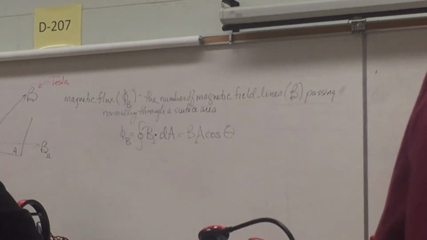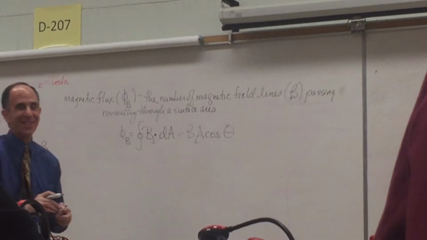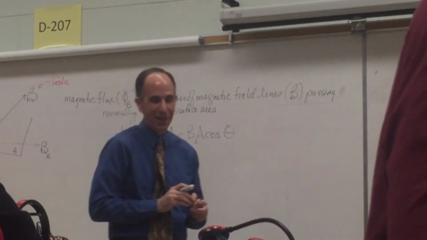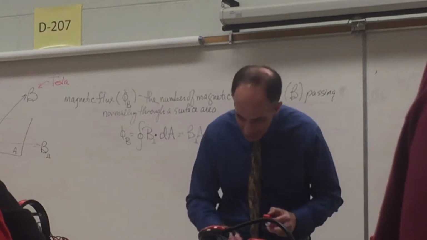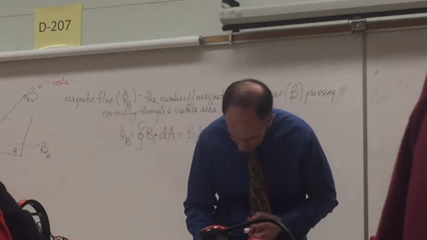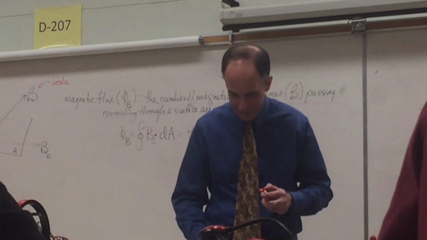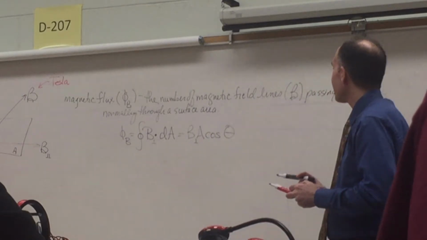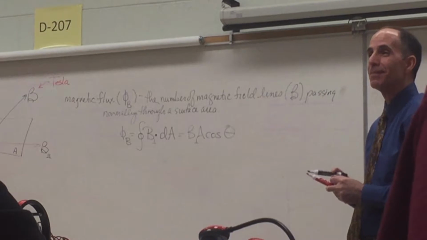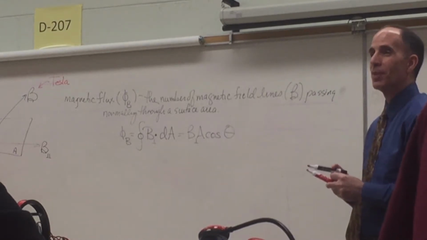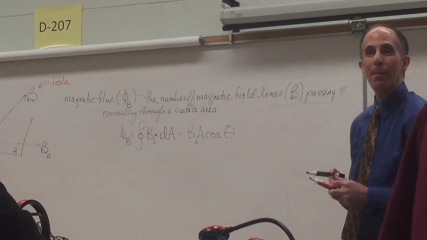What do we think? Tesla meter squared. Dimensional analysis is complete. It's going to be a Tesla meter squared. What's the name for it? A Weber. A Weber, thank you.